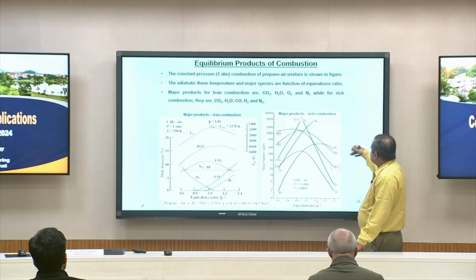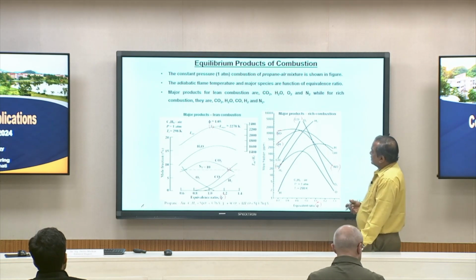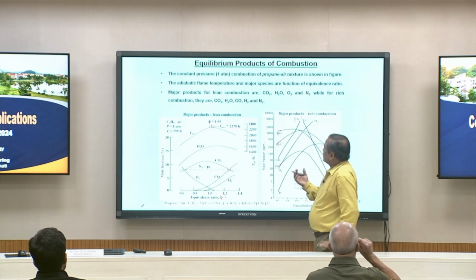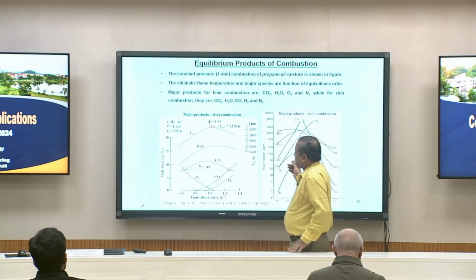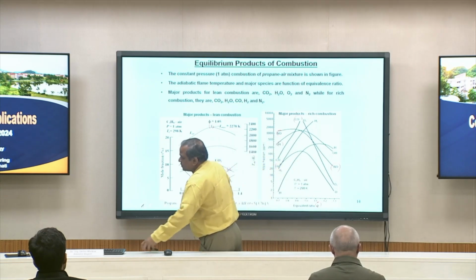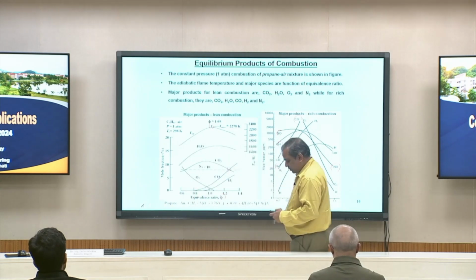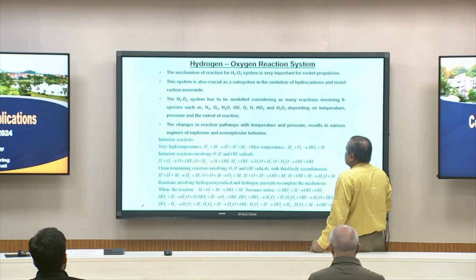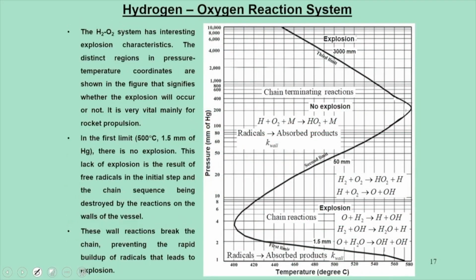So why are these effects coming into the picture? What is the mechanism? Those reasons we need to find out, what is called the mechanism of CO formation or NO formation. This part I will talk about later.